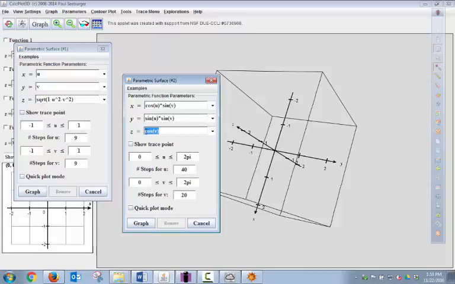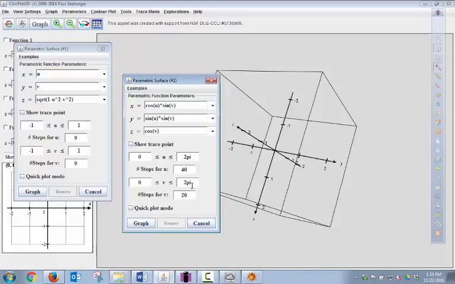What's it look like? What? No? What? I heard somebody. Spherical. Looks like spherical coordinates, right? Except instead of phis and thetas, I'm using u's and v's.